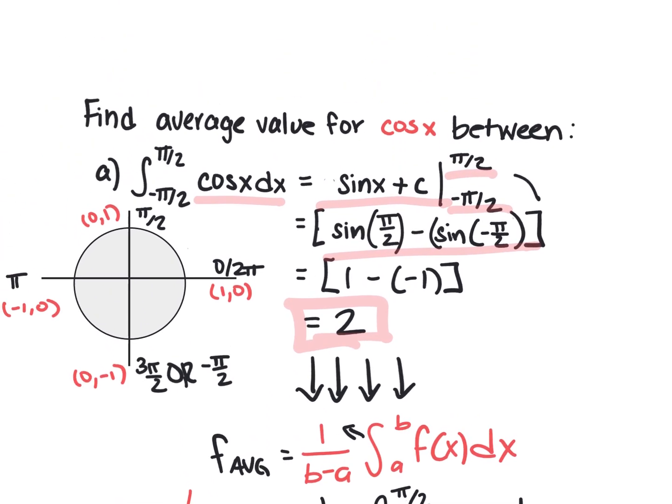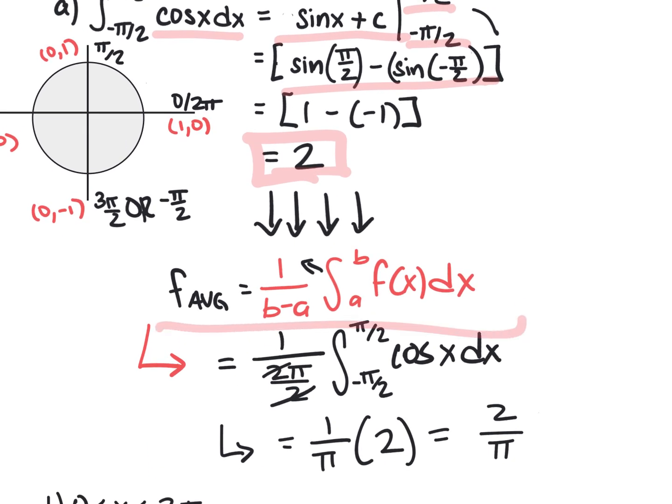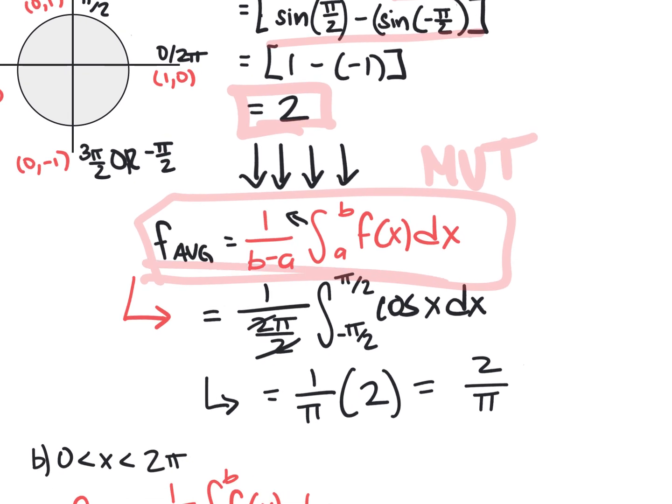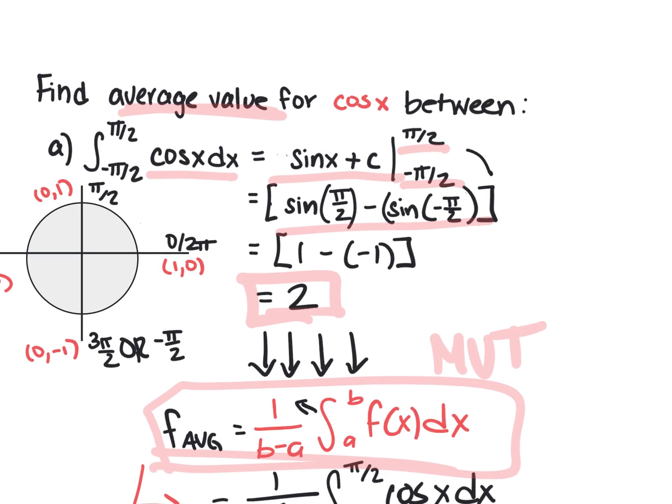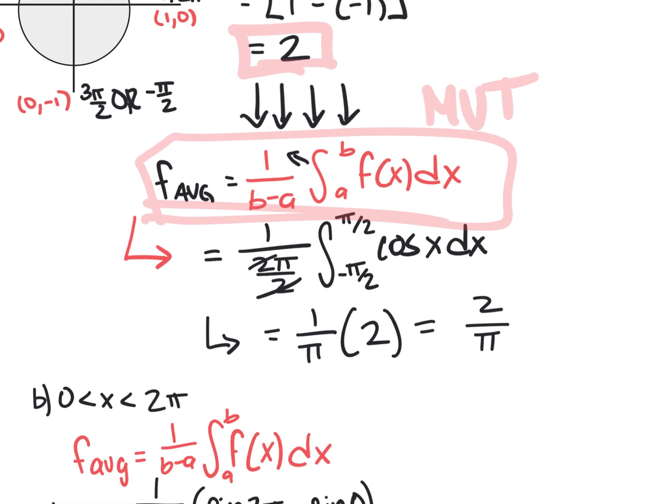To find the average value, we're supposed to use the mean value theorem, MVT. And this is the equation right here. What I did is I saved some time by doing that first step. And just to confirm, I input this.